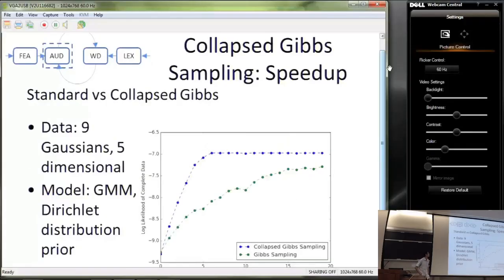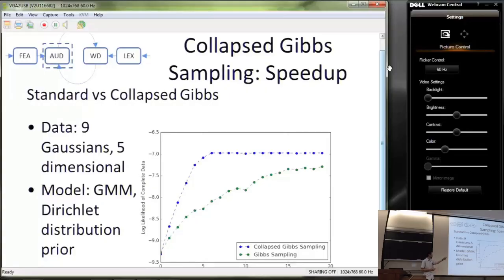And this is a demonstration of the speed up from collapsed Gibbs sampling on a test data set. My test data set comes from 9 Gaussians, 5-dimensional data. Here my model is just a Gaussian mixture model with a Dirichlet distribution prior, which is finite, and like in Luca's model, we have an infinite Dirichlet process prior.